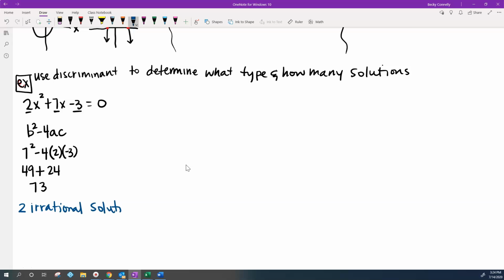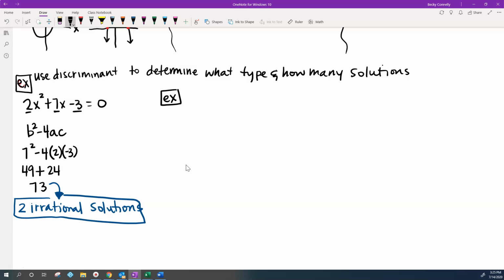That's what that 73 is telling you, just in the way that she was saying it. I liked that, to help you figure out that you got those 2 irrational solutions. Okay, let's do just a couple more, and I'm going to have you do these on your own.